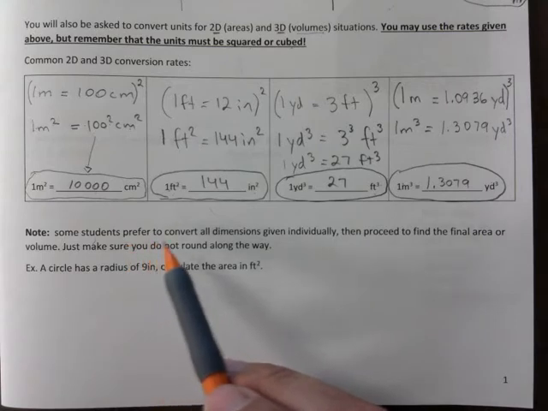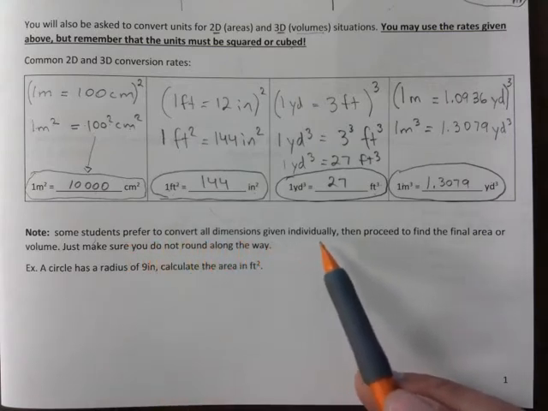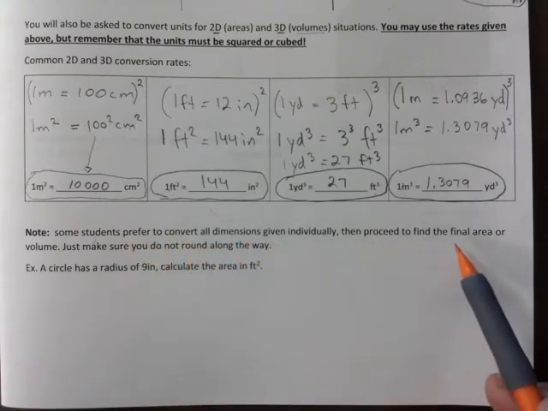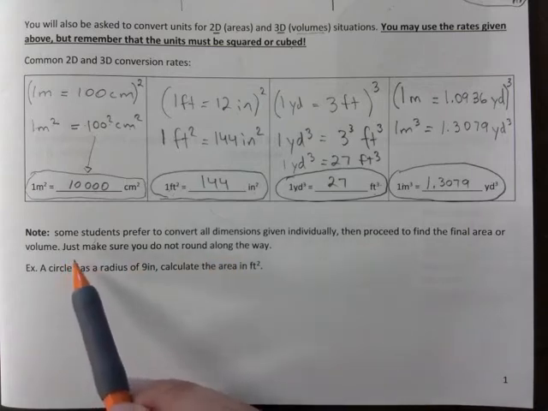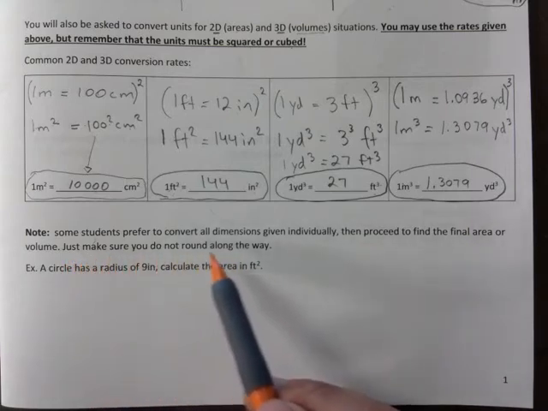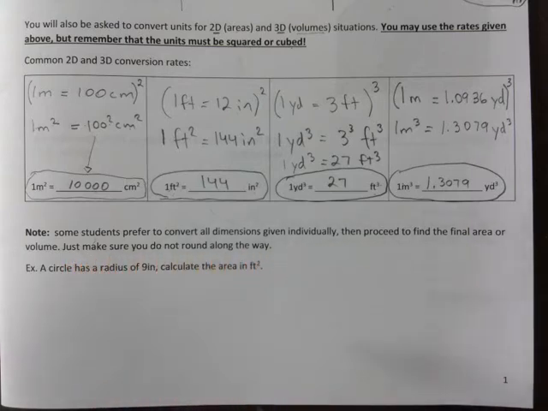Note, some students prefer to convert all dimensions given individually, then proceed to find the final area or volume. Just make sure you do not round along the way. So this is what I mean. It could be that I give you the dimensions of a rectangular box in inches, and I ask you to give me the final answer in cubic feet.